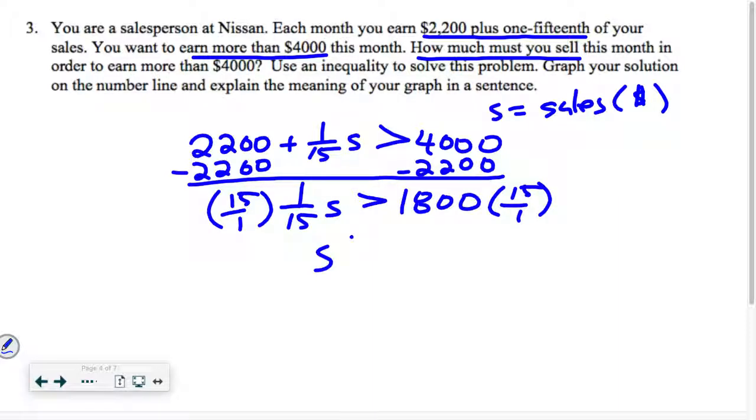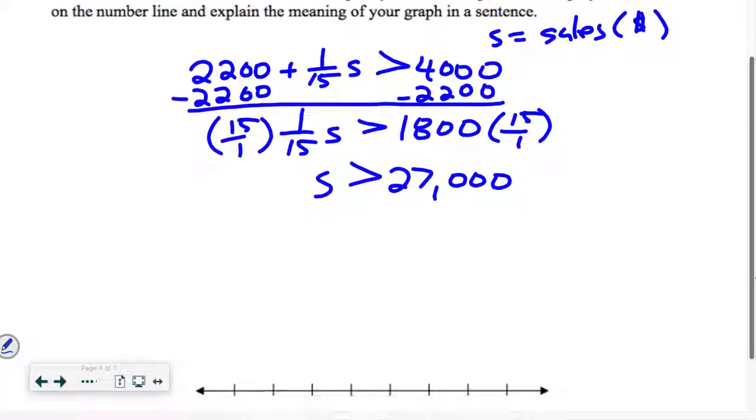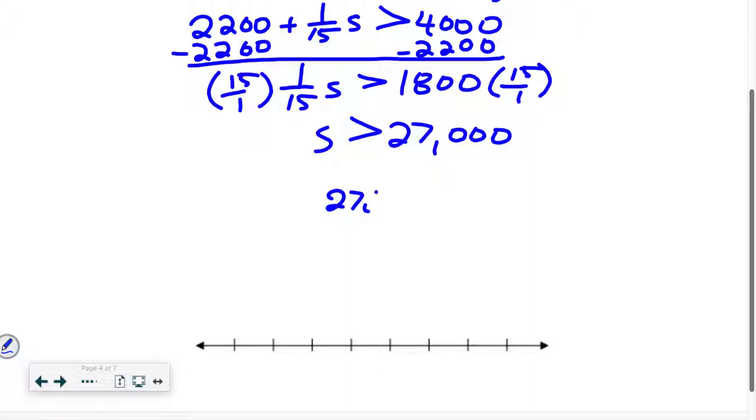So S is going to be greater than 27,000. Is this realistic? Yes, it is. You need at least $27,000 in sales. So on a number line, here's my 27,000. I'll put an open circle and go off to the right.